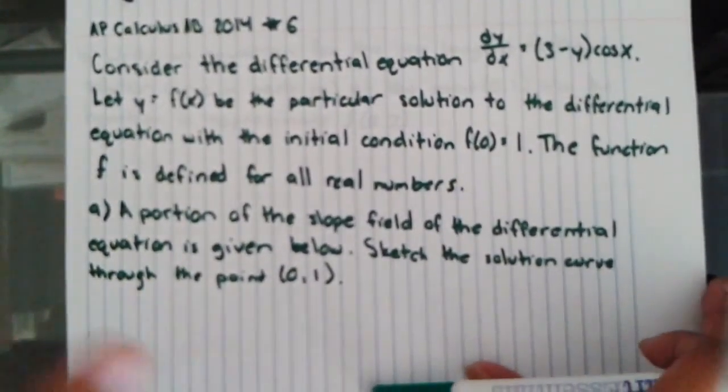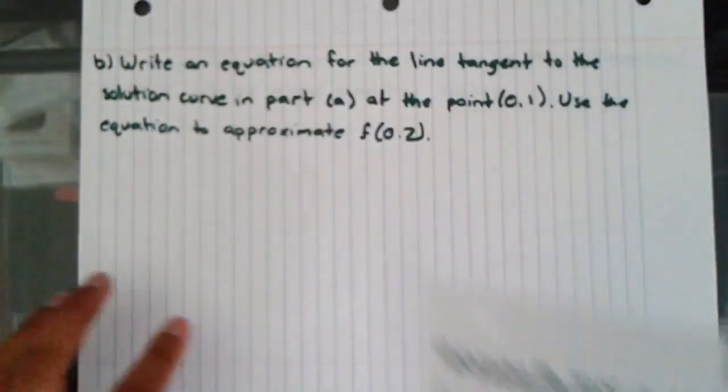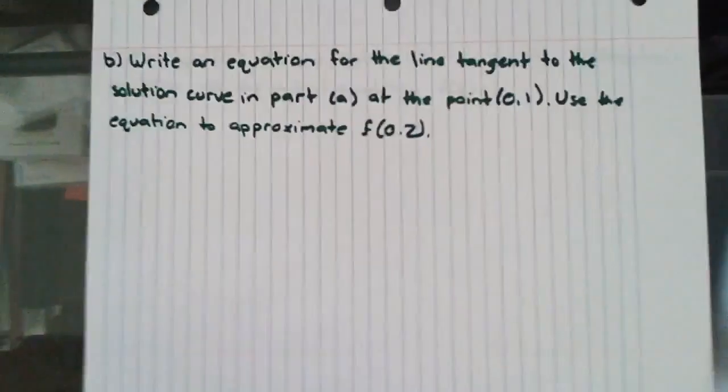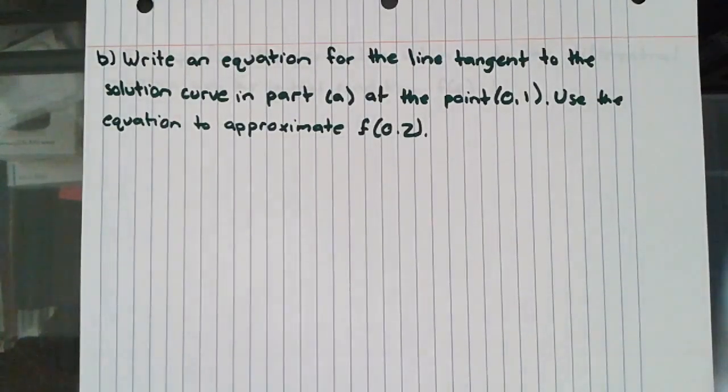Next, for part B, you want to write an equation for the line tangent to the solution curve in part A at the point (0, 1).